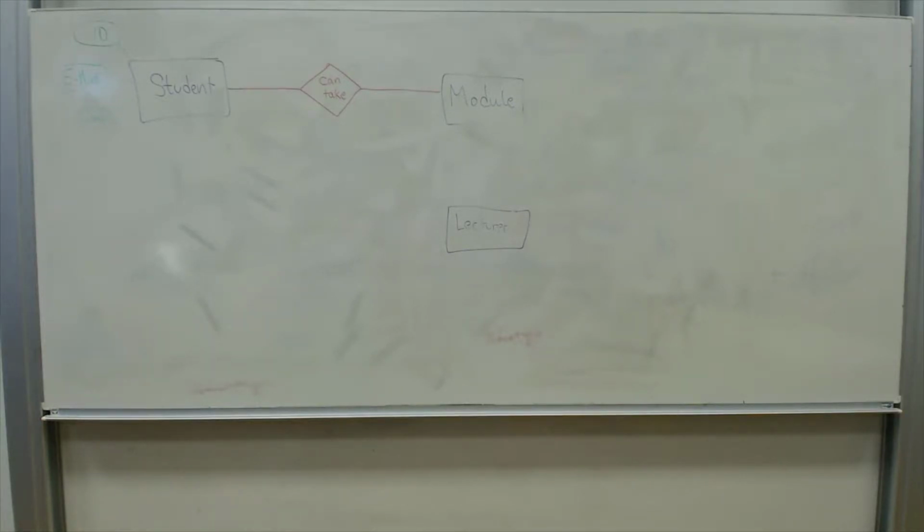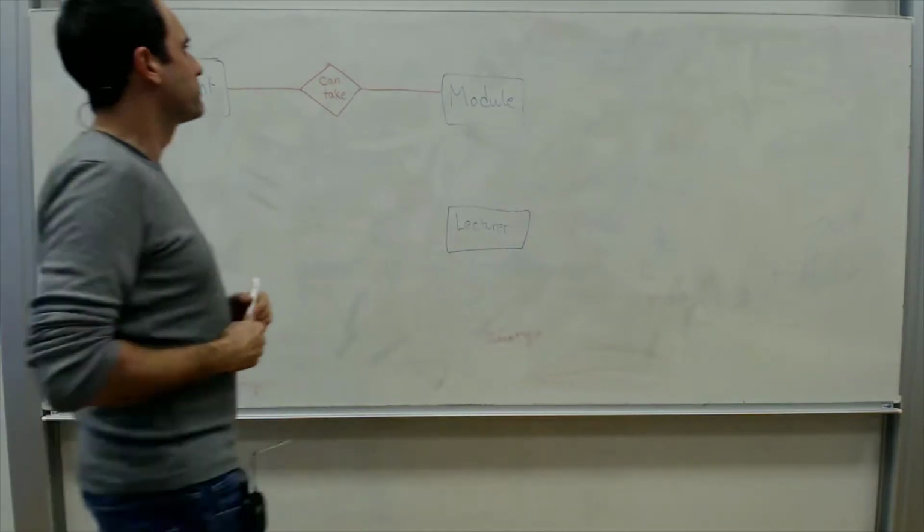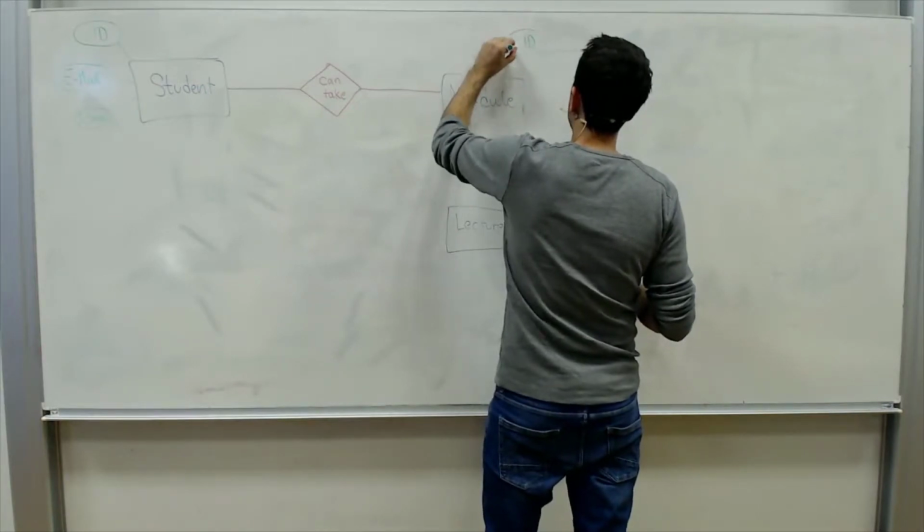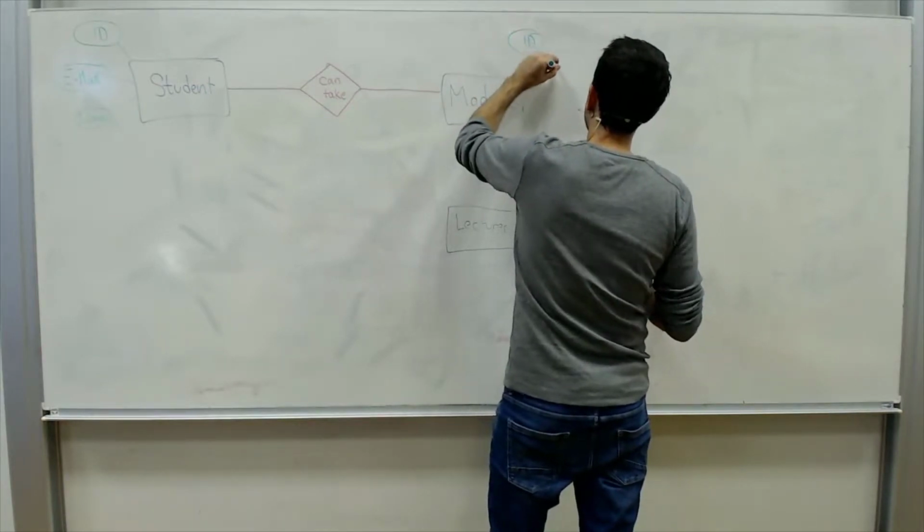Does anyone else want to continue, or do you want to continue? Maybe you can continue, and then the others can add or correct if you have anything. The module has a name, ID, and a short description. So three attributes: ID, name, and short description.